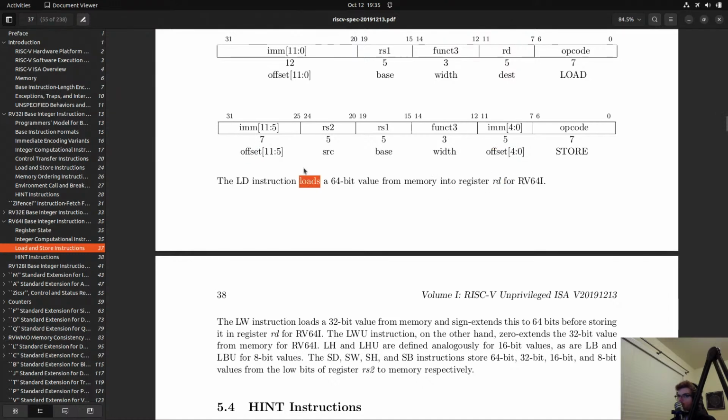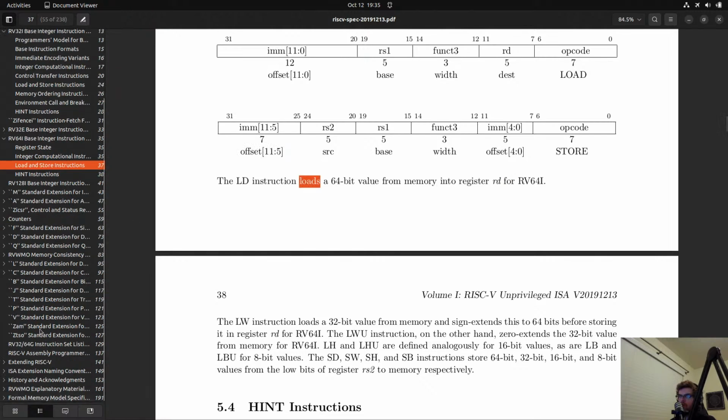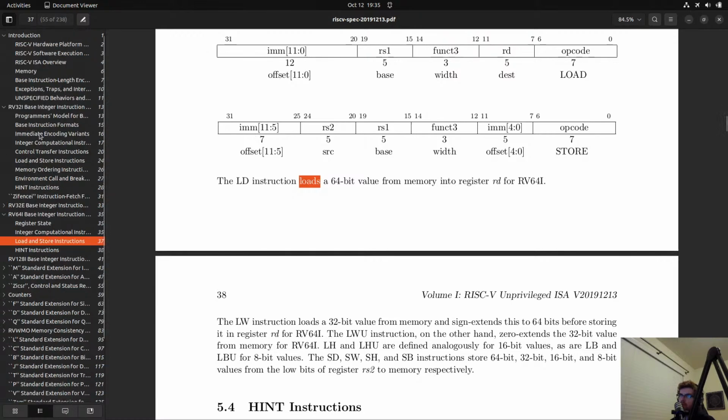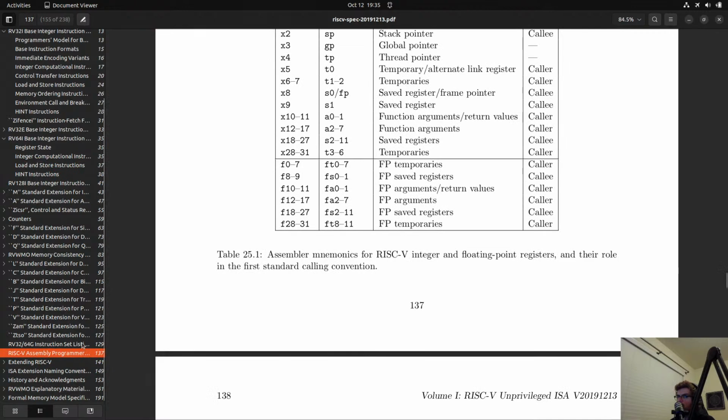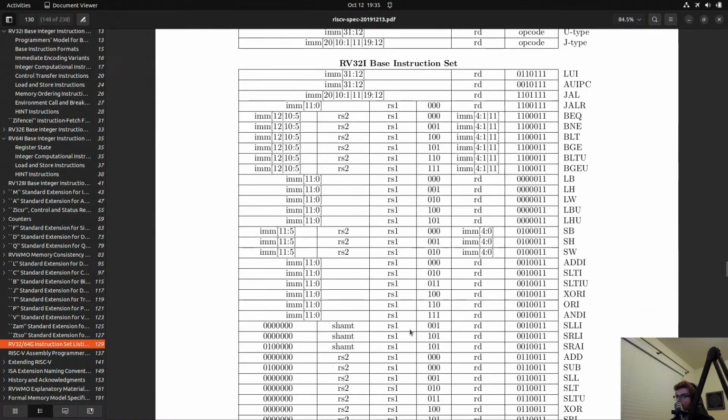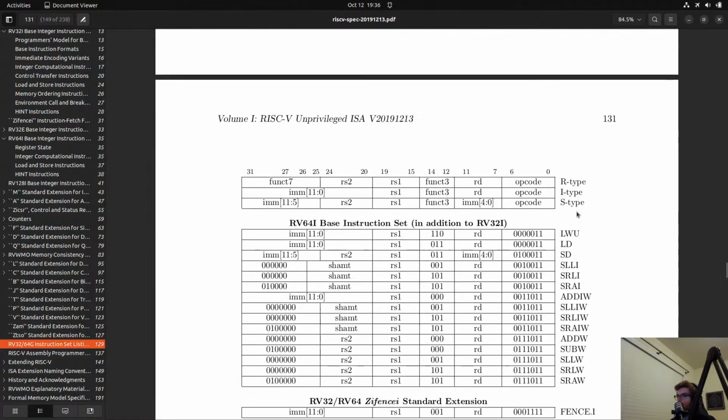Oh, we also have LD. Did we have an LDU? Oh no, LDU wouldn't make sense, right? Because we are on 64 bits. So just like we don't have LWU here. Yeah, so I missed this load double word.